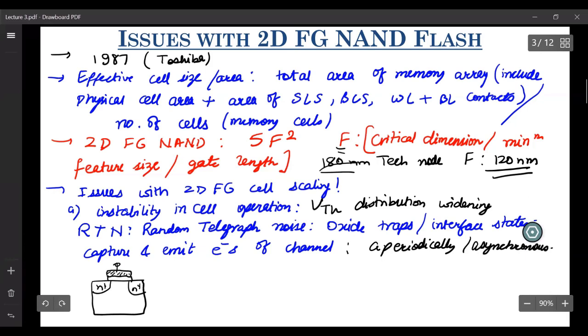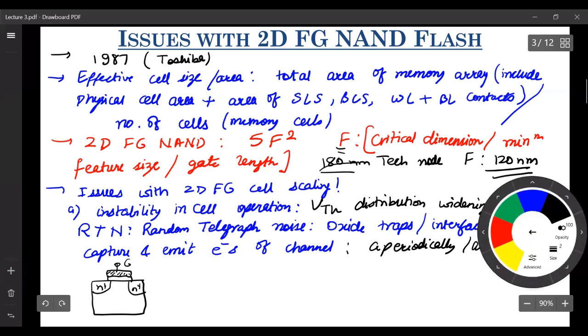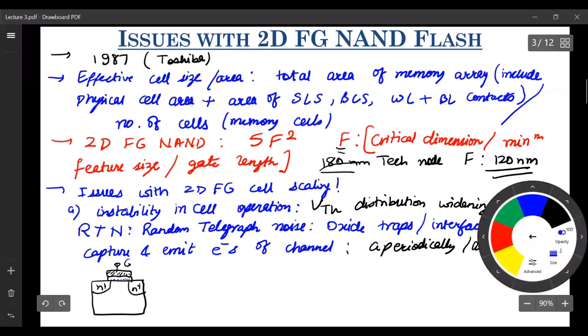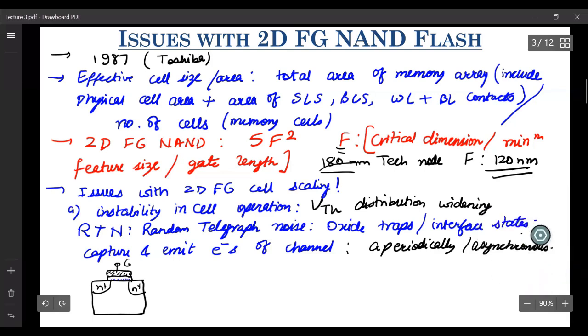Let us say there are some traps here in the gate oxide. If you have an inversion channel, and as you scale down your devices, even the number of electrons in your inversion channel reduces, right? So there are only a few electrons in the inversion channel.